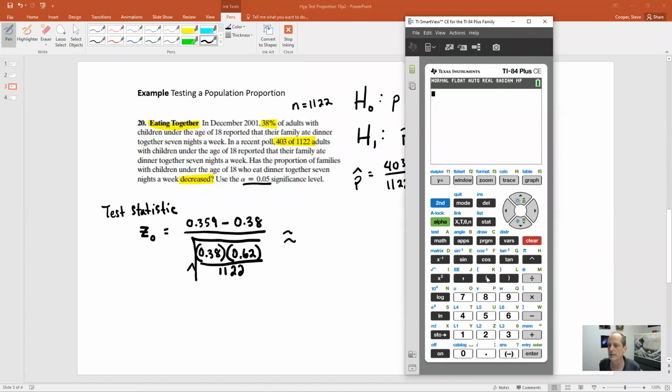Let's start over. I'm going to do this all in one statement. So we got 0.359 minus 0.38 in our numerator, and we're going to divide that by the square root of 0.38 times 0.62 divided by 1122.